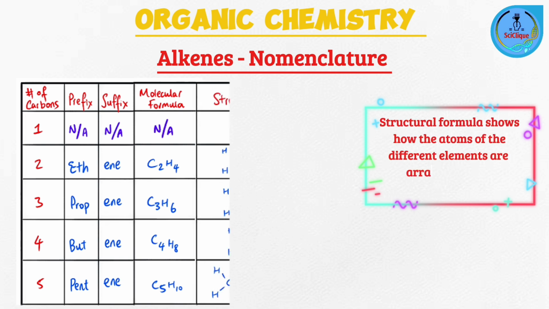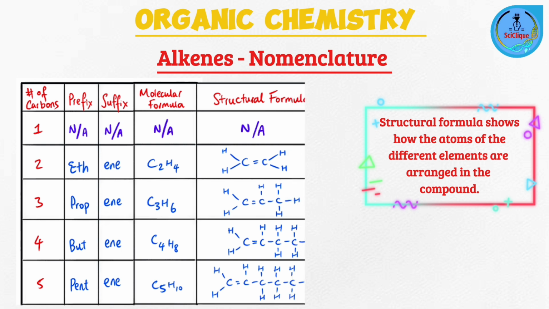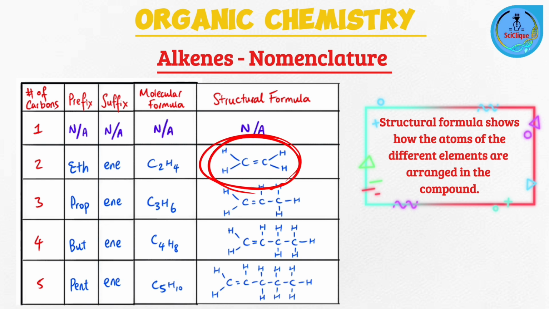So what about if I wanted the structural formula? Okay, so using the molecular formula as a guide, I can draw the structures of ethene, propene, and butene. So let's start with ethene, C2H4. So you know that you have 2 carbon atoms, and these are going to have a double bond in between them. Now you know that a carbon atom can only take a maximum of 4 bonds.